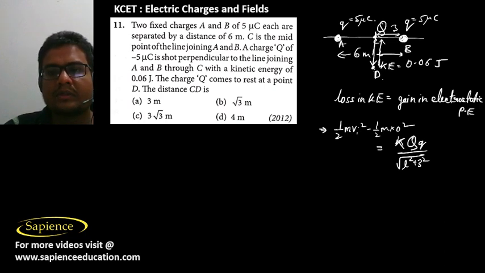KQQ by R plus KQQ. So its length L we have to find, since the distance CD has been asked.